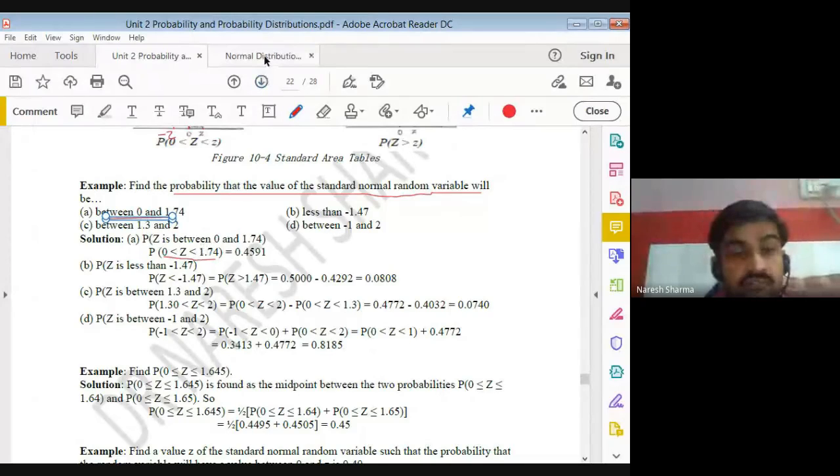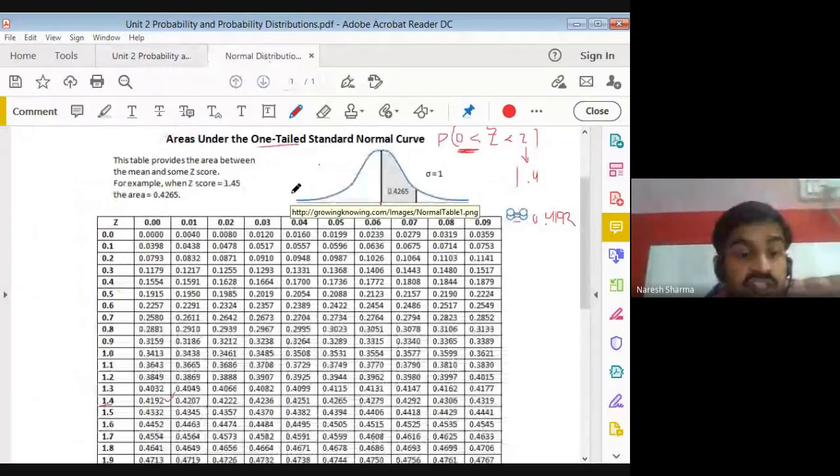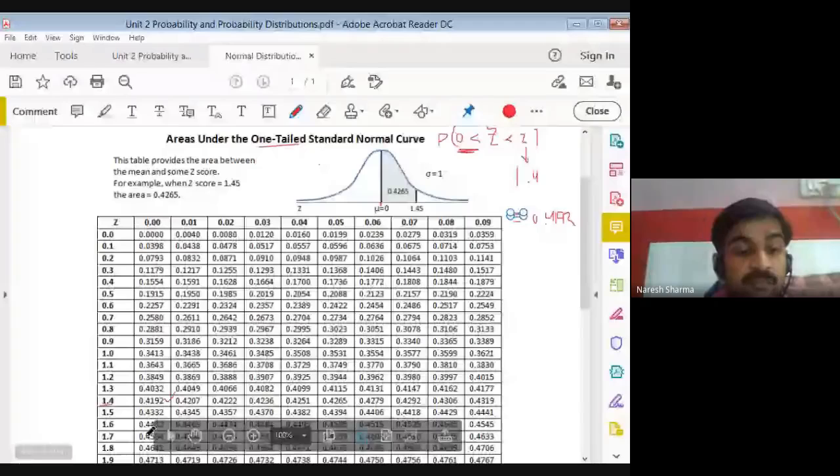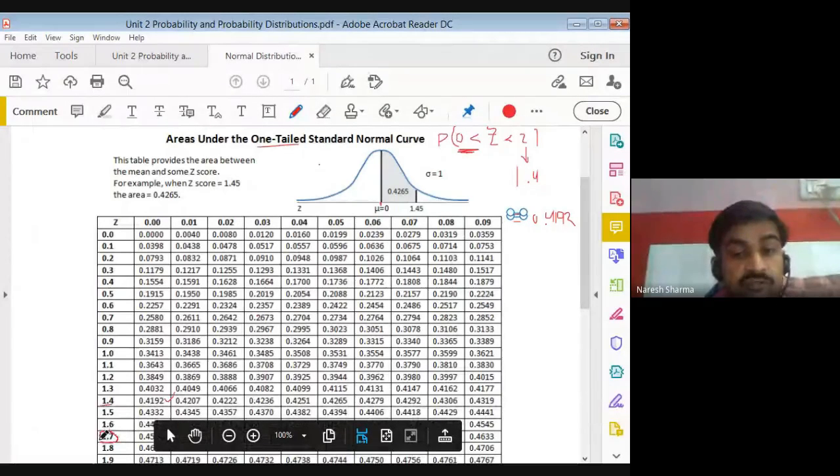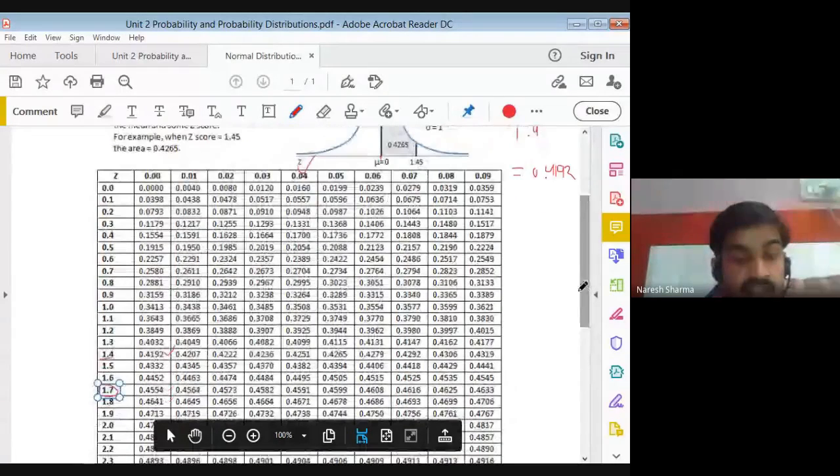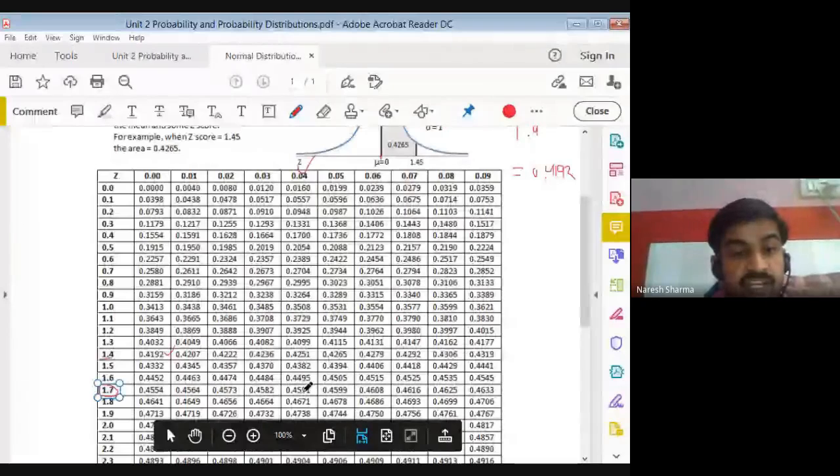This table is also given from 0 to z, so we check 1.7, and then for the 4 we check this column. The intersecting point of this row and column is 0.4591. So this should be your result.